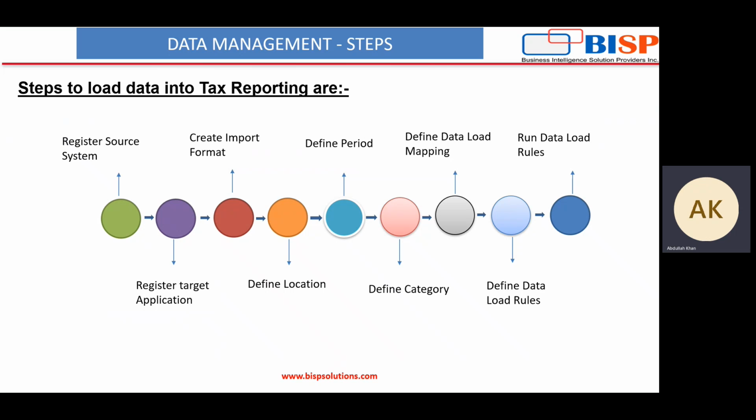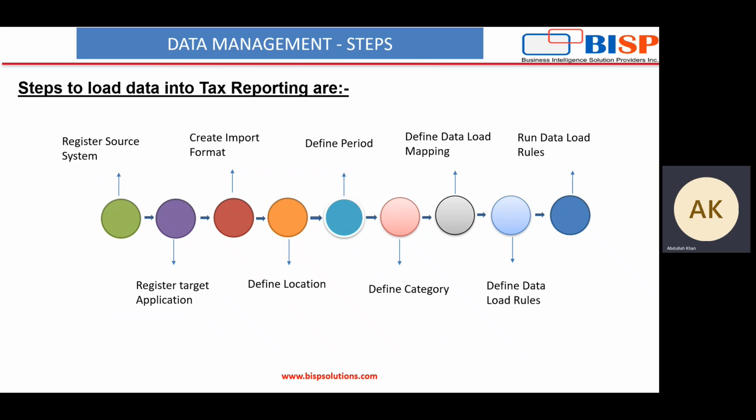Then we will create the import format, the format in which we want to import the data into the data management tool from the file or from the Fusion application. Then we have to define the location, which will help us to load the data and to identify the location of the data. We can also define the period to which the data pertains, and then the category.